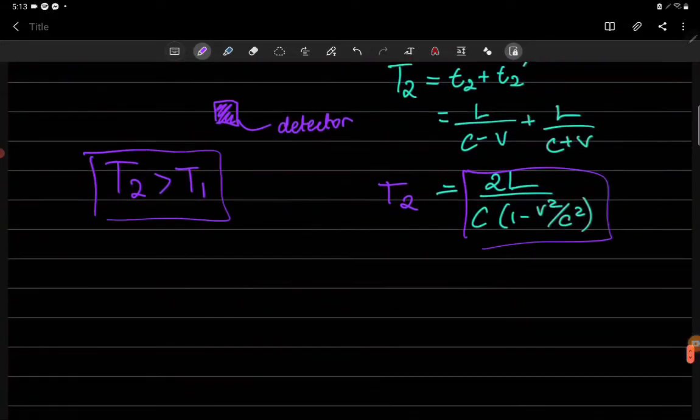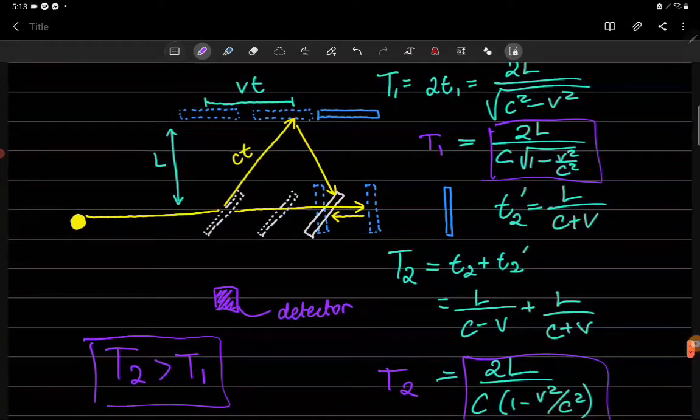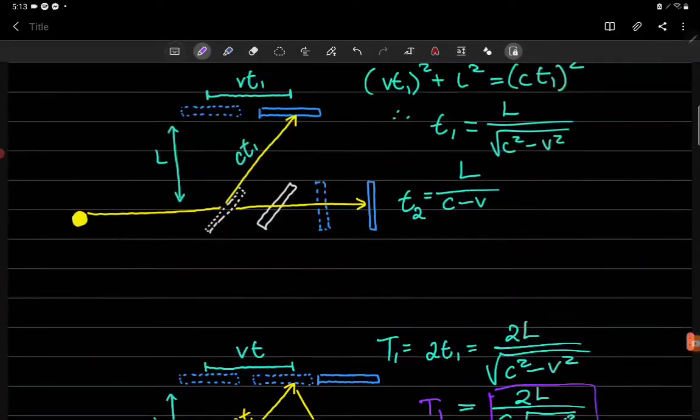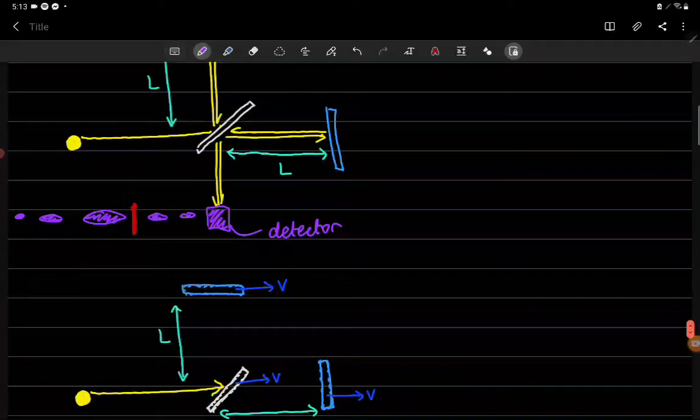But in the end, hopefully you realize that in fact none of this was observed. This time here was not actually different. This interference pattern was not shifted relative to the red reference point.